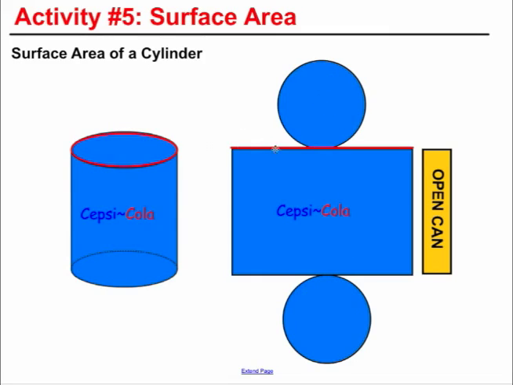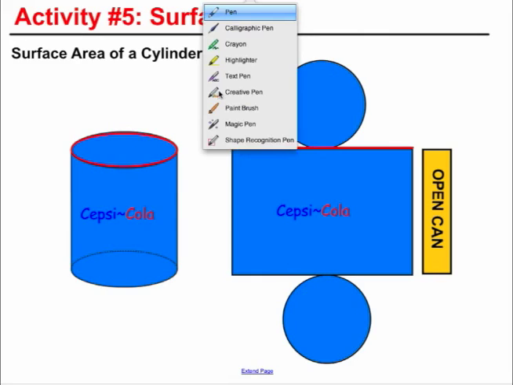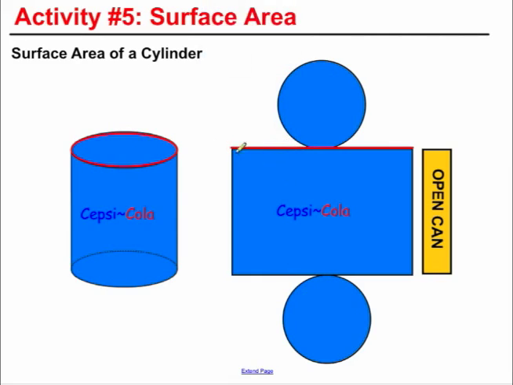And notice I emphasize this red part. This is important in terms of finding the surface area. This red line that I'm going to highlight here also represents this highlighted red line around the can. And if you remember your terminology for measurement, that represents the circumference of our circle, of the base or of the top.